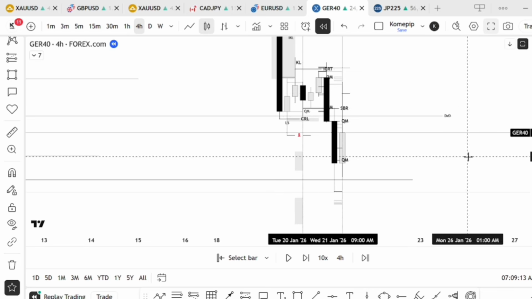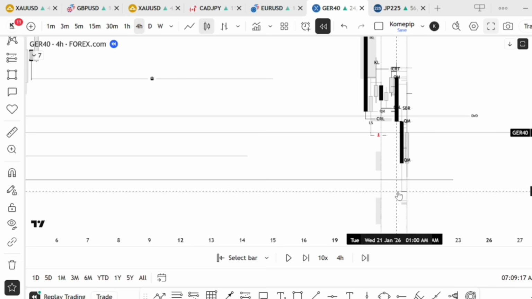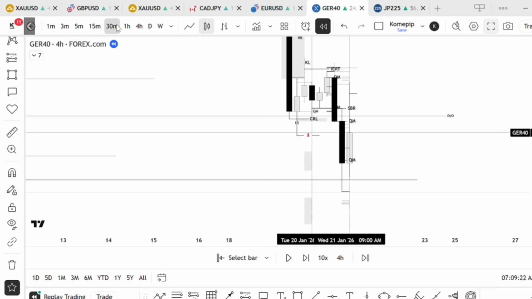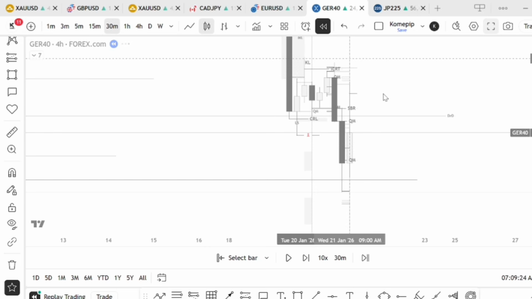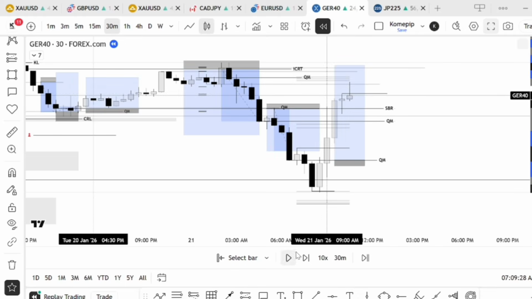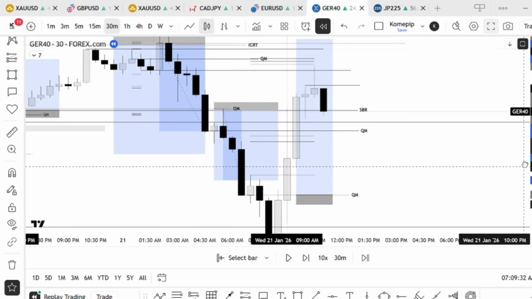Let's see. Okay, so this is a nice reaction. So we might want to see a breakout to know if that buy is going to start. But for now, we don't know. So we'll wait patiently and see what price might likely want to do.